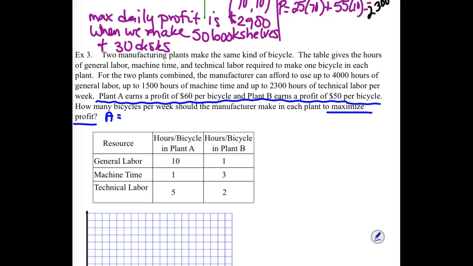That's your unknown, right? So A would stand for the number of bikes we make at plant A. Yes? And then B would be the number of bikes at plant B.